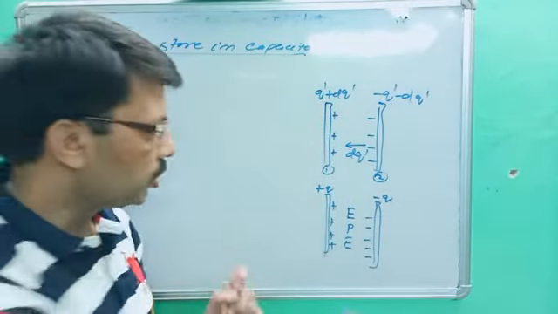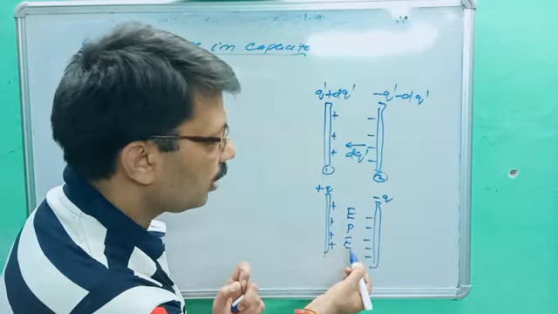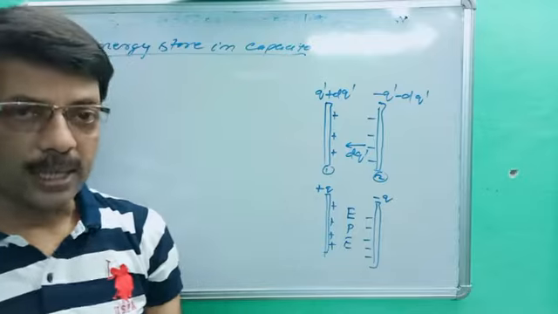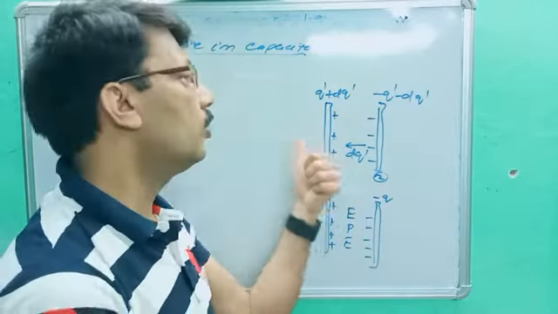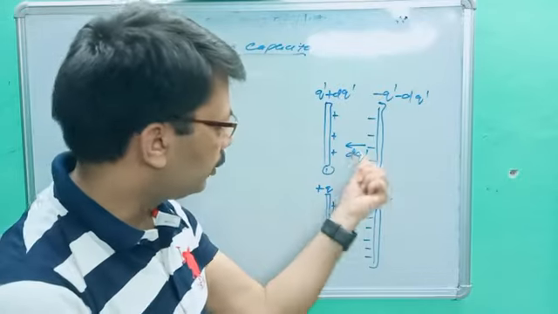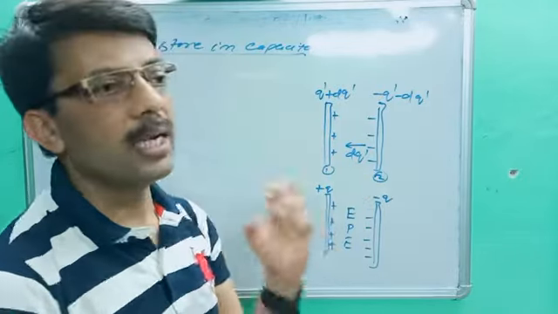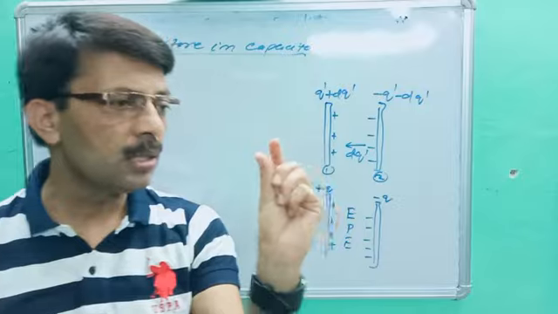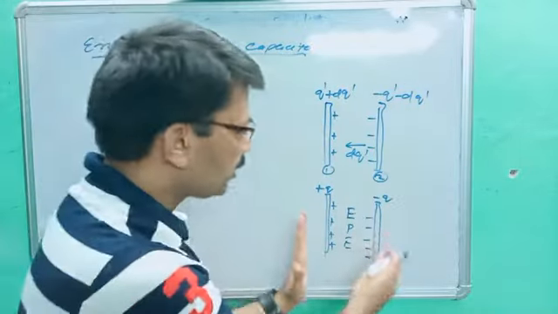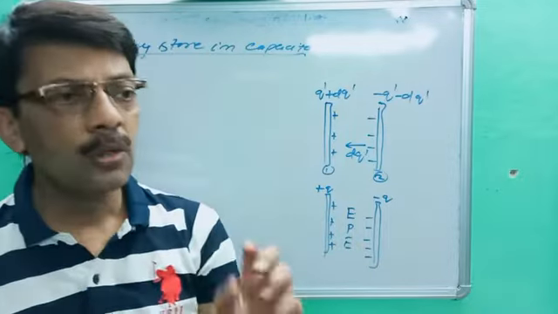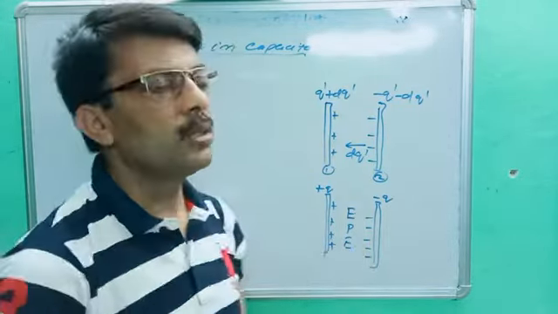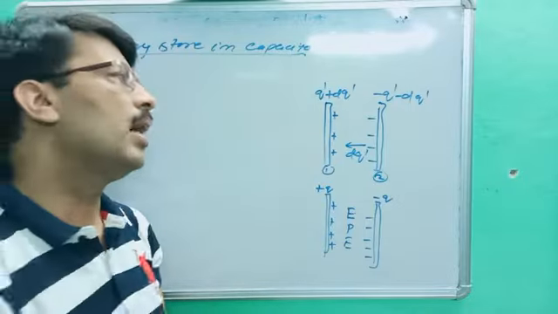Bit by bit means dq', dq', dq'. It means a smaller charge is transferred from one plate to another until the capacitor is completely charged. When it is completely charged, it stores the electrical potential energy. Energy means work done, so we have to find the work done.